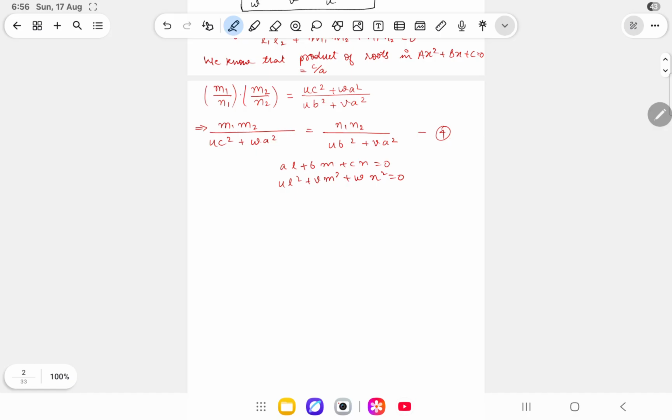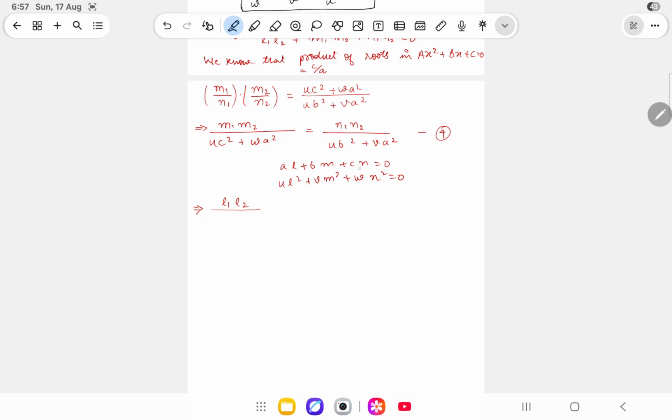So just by observing the pattern I can get the value of L1 L2, which will be equal to, so here for m1 m2 we are basically just clubbing a square with w and c square with u.